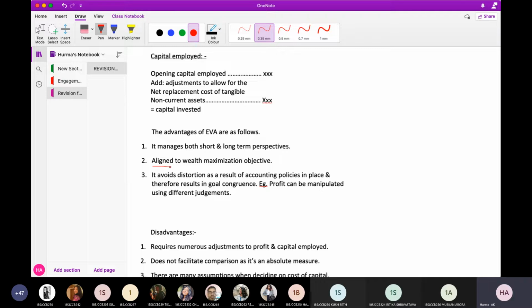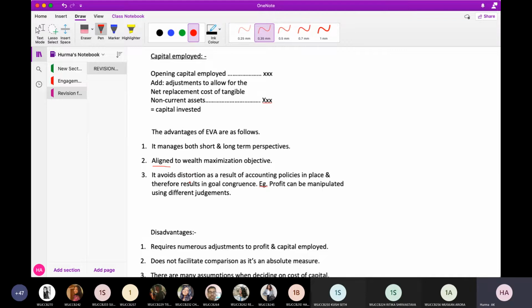It does not really consider accounting adjustments, right? That's why we add back accounting depreciation, we add back provisions, because they are all not real cash outflows, and they are all based on accounting practices and policies. So therefore, it completely avoids any kind of distortion as a result of those.